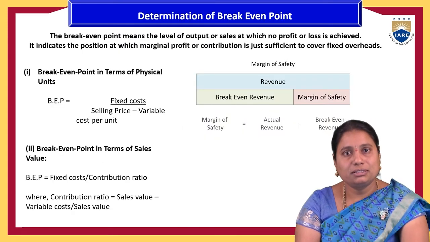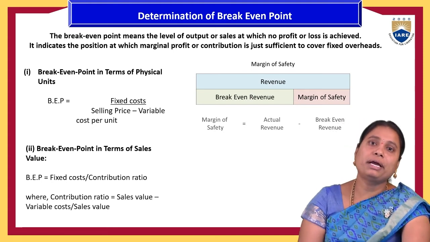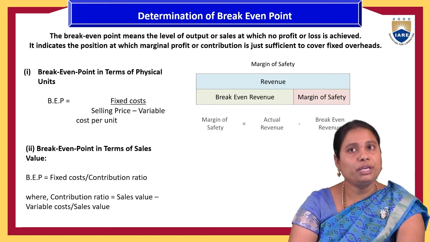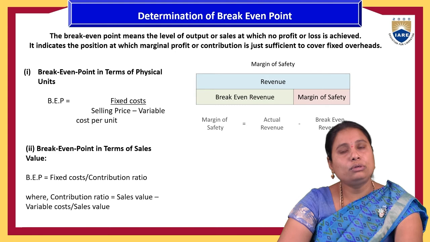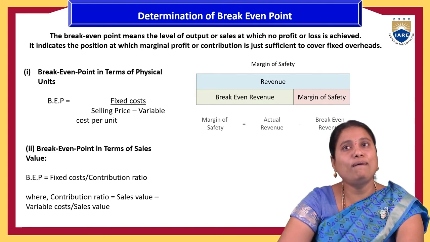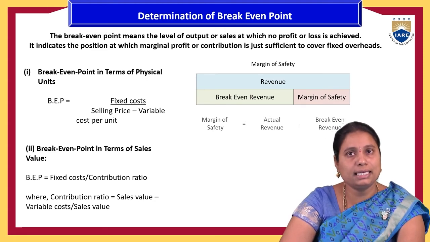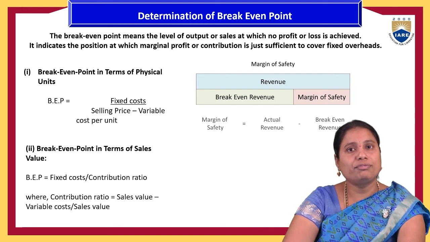Though it has limitations, it has its significance in determining the best decisions by the producer. To determine the break-even analysis, two elements are taken into consideration. That is the level of output estimation, which can be calculated either in terms of physical units or in terms of sales units.